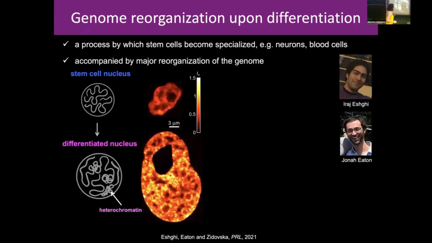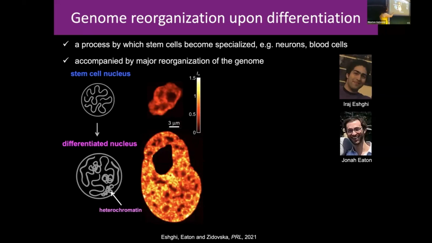What I want to point out here, what's visible right away, is that the spatial density distribution dramatically changes, going from this homogeneous, right? Don't focus now on the holes here. Those are embedded organelles. Focus on the fluorescent signal.